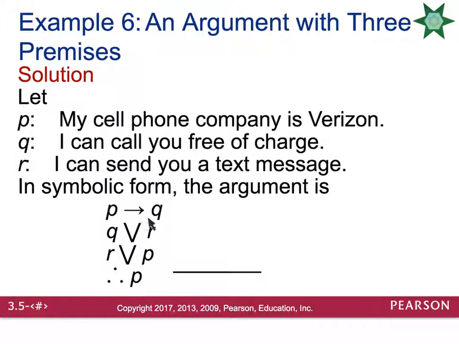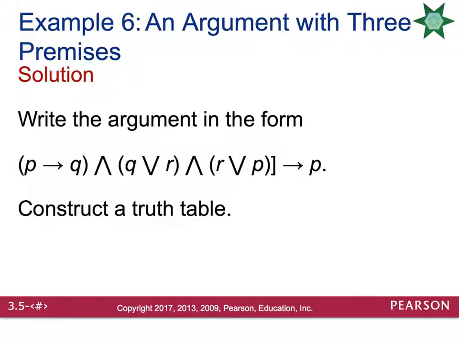So here are our 3 premises, 1, 2, 3, and then the conclusion. We're going to look at this and this and this. If those are all true, then P. That is our truth table. So we're going to write premise 1, premise 2, and premise 3, then conclusion.